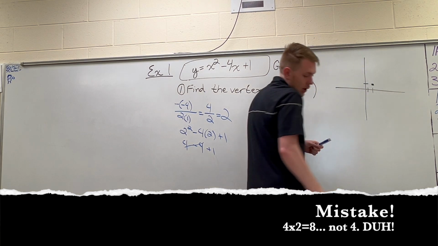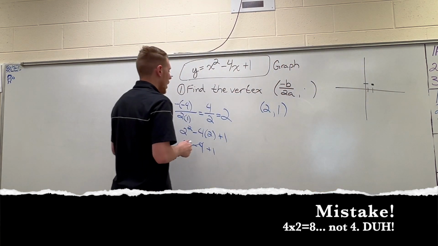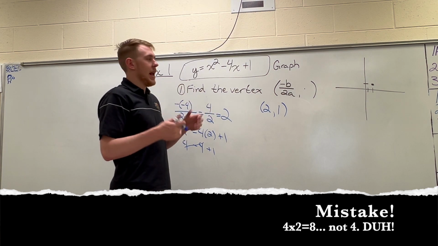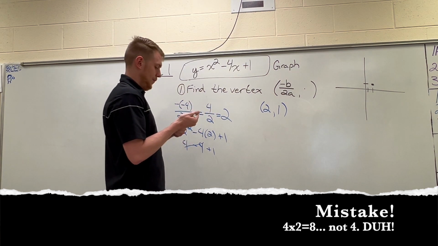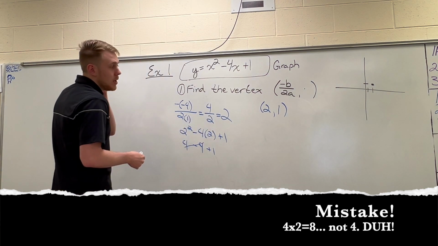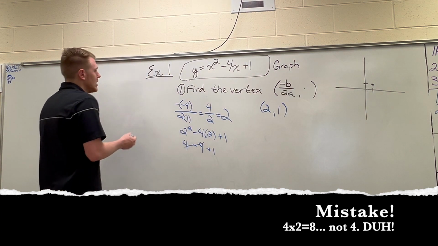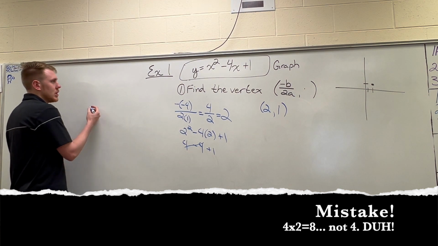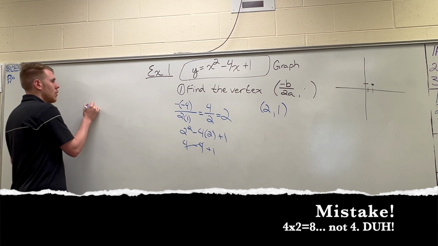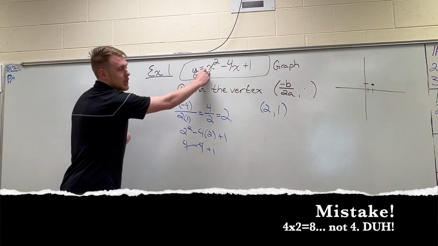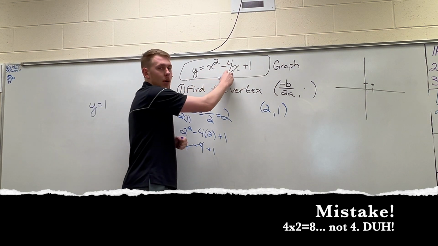All right, so we have the vertex. Now, we just need to find 2 points. We gotta go on the left or the right. So, I'm gonna plug in, let's see, I'm gonna go with 0, because I think 0 is super easy. 0 squared is 0, negative 4 times 0 is 0.